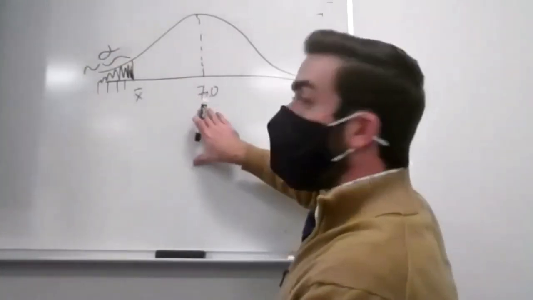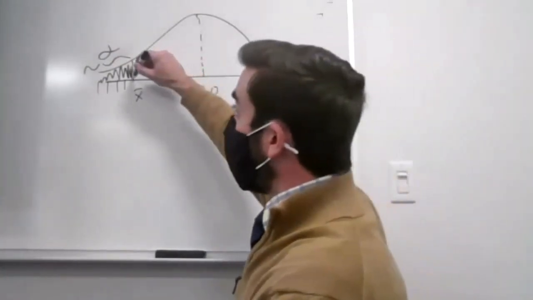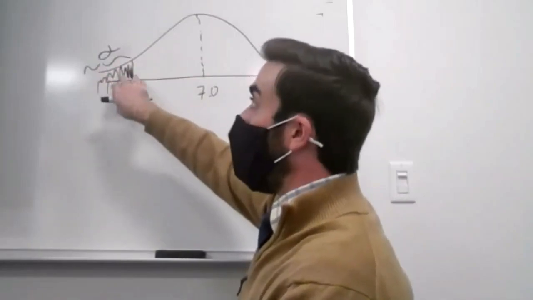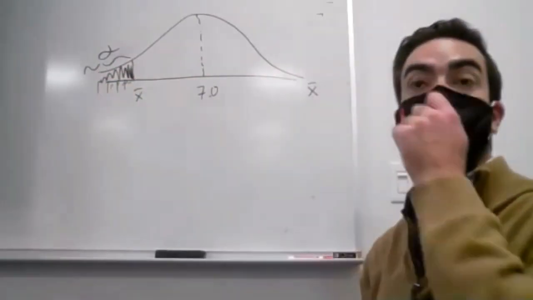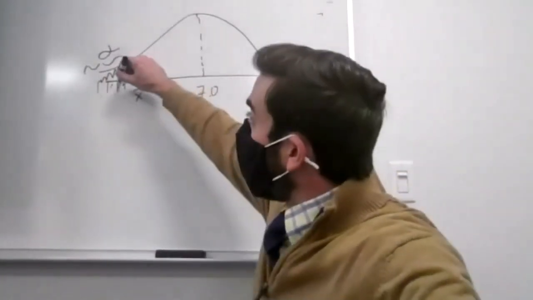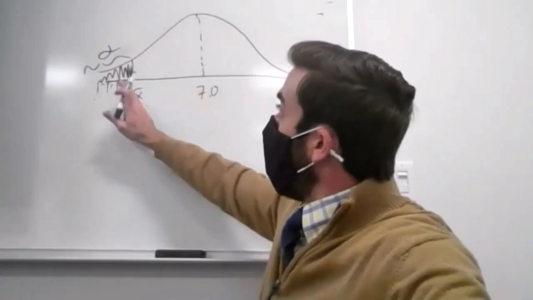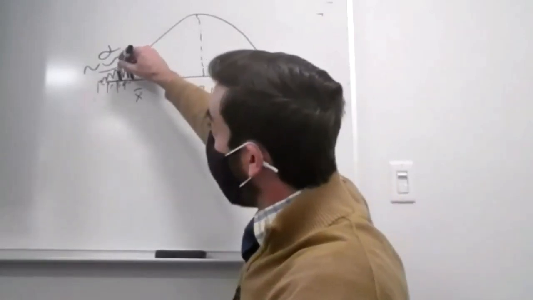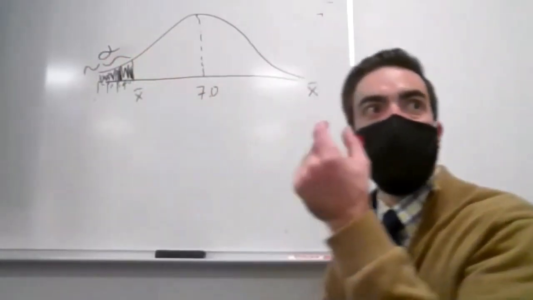I know that if this was the true value, there would still be a probability of alpha of me seeing one of these as my sample mean, right? So if the area to the left of this is alpha, when I see this as my sample mean, the area to the left of that is going to be something smaller.